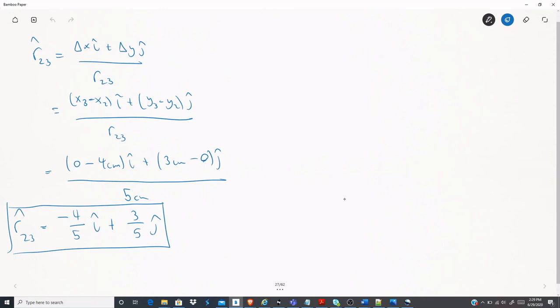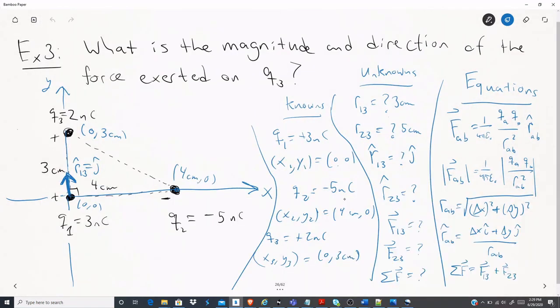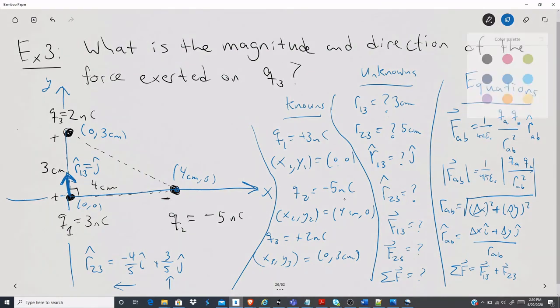So let's do a common sense check here. The vector that I got, R23 hat, is negative 4 fifths i hat plus 3 fifths j hat. That means this is a vector which goes to the left, and it goes up, right? Because negative i hat would be a vector that points left, and 3 fifths j hat would be a vector that points up. So how do I get from Q2 to Q3?